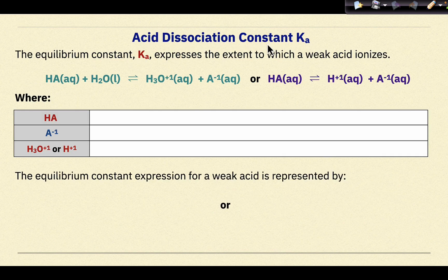Acid dissociation constant Ka. The equilibrium constant Ka expresses the extent to which a weak acid ionizes. There are two ways that we can represent the equilibrium expression for weak acids.